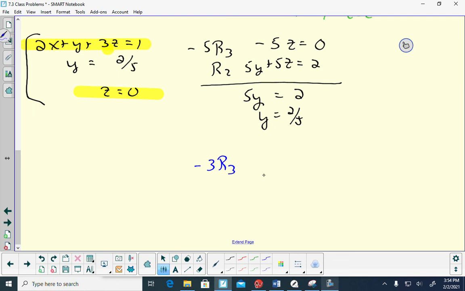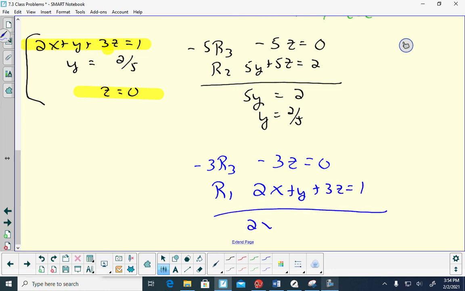And I know it's 0, but I'm still going through the process. It's equal to 0. Row 1 is going to be 2x plus y plus 3z is equal to 1. When I add them, I'm going to get 2x plus y, and then these will cancel. It's equal to 1. I have y is equal to 2/5, and I have z is equal to 0. That's where I am right now.